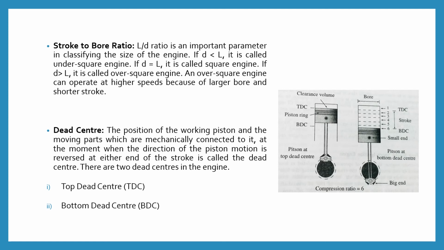Is an important parameter which is classifying the size of the engine. If D is less than L, means L is greater than D, this means the L by D ratio is greater than 1, then it is called the undersquare engine.